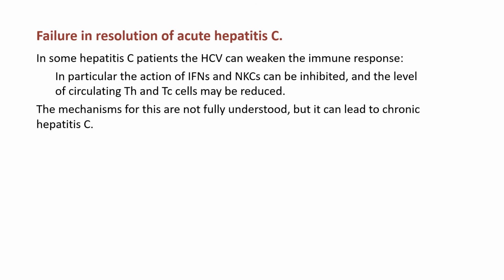In addition, what's also been seen is that the level of circulating T helper and cytotoxic T cells can be reduced. So some people have a weakened immune response to Hep C. The exact mechanisms aren't fully understood, but of course, if we can't get rid of hepatitis C, this can then develop into a chronic infection.